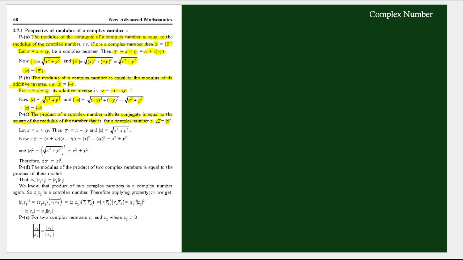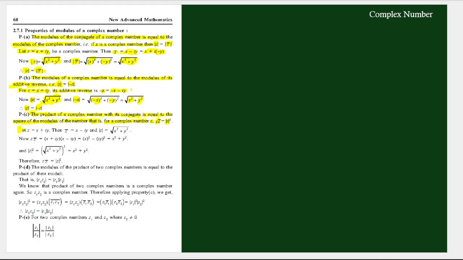So this is our third property. If you multiply the complex number and its conjugate, then you will get in the answer modulus of z square.